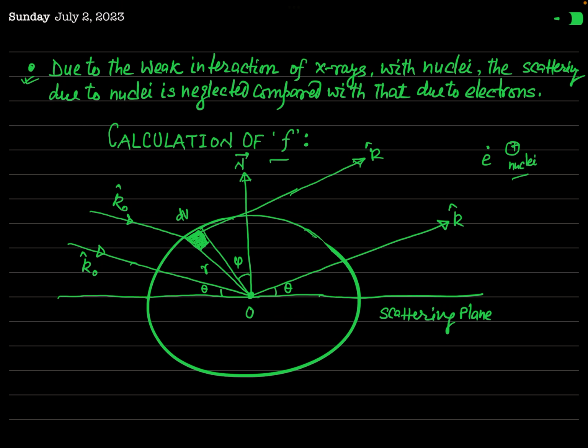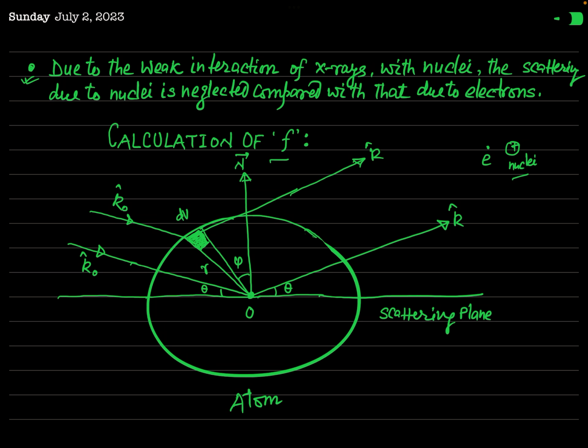Let us see in this figure the sphere which I have shown. This represents an atom. For convenience, we consider that the electrons of the atom are distributed uniformly in this spherical volume.